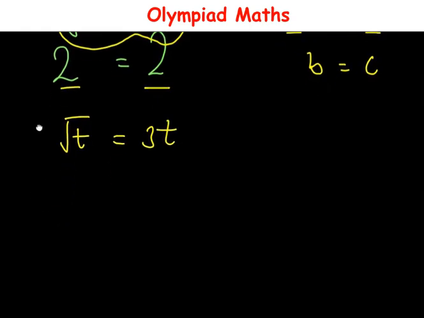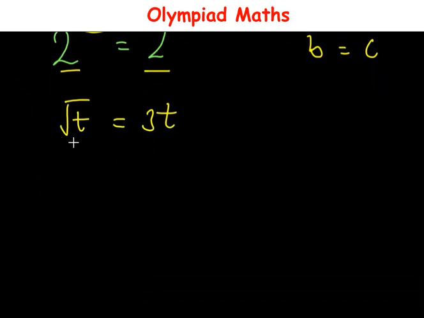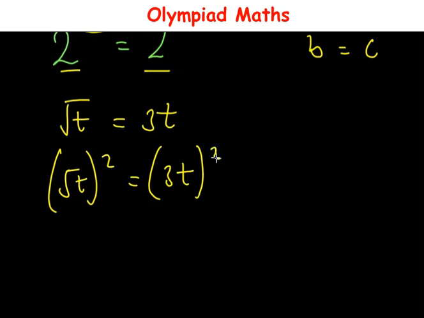Okay, so from here, let us eliminate the square root by squaring both sides of the equation. So in brackets, root t all squared is equal to, in brackets, 3t all squared. From here, square cancels square root, we have t is equal to, in brackets, 3t all squared.